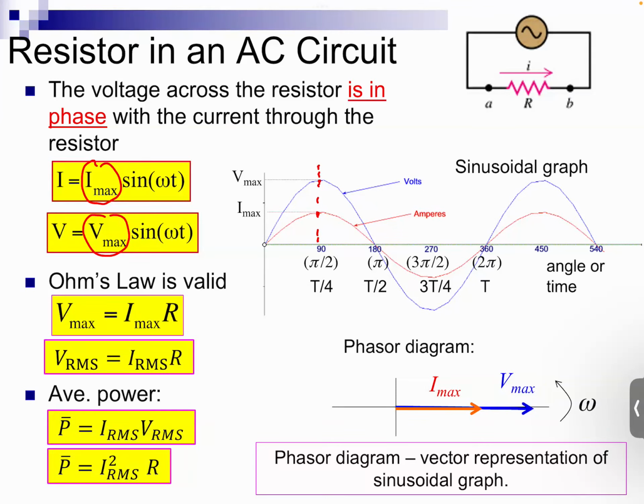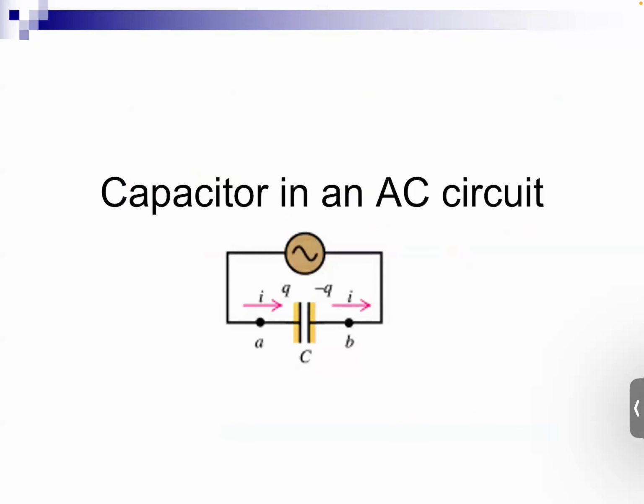Okay, and if you use this definition of Ohm's law, you can replace V with current, and you have this alternative form for the power. So in other words, for resistors in AC circuits, you can analyze the circuits as we usually did with DC circuits. Just make sure you use maximum or RMS values.